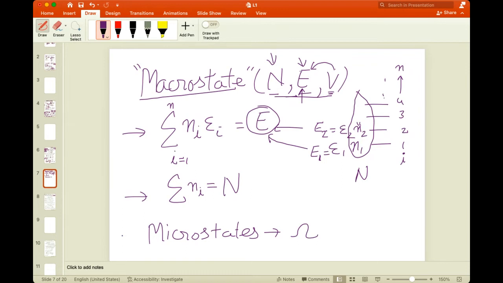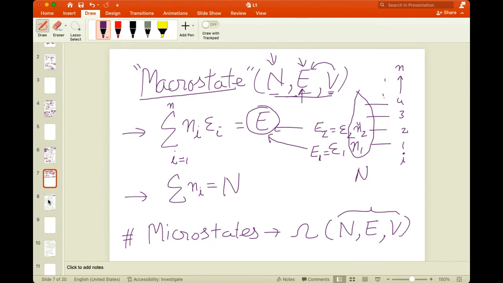So the number of microstates, this is just a symbol, omega, for the number of microstates. Okay, this omega, don't get confused with anything else. But it depends upon what the macrostate is. That's why we write the functionality of this number depending upon the description of my macrostate. So this was what we have done yesterday, right?